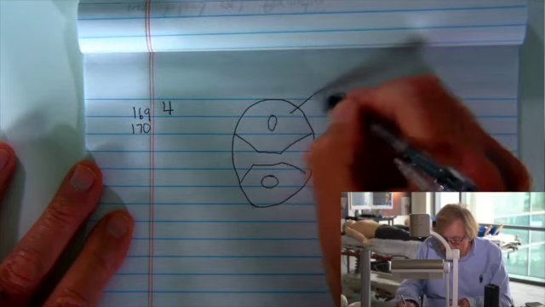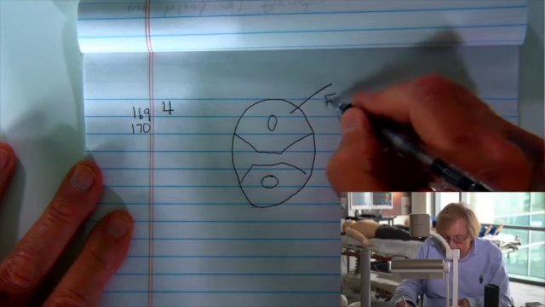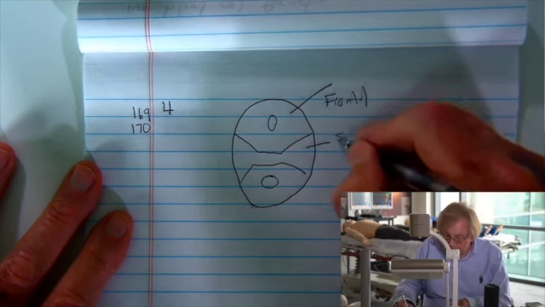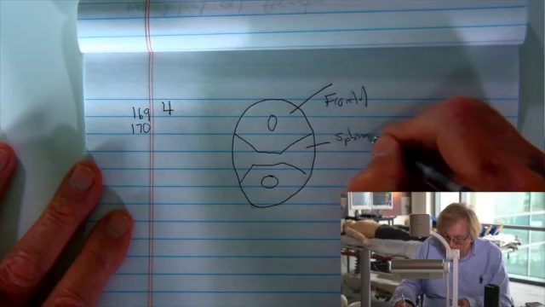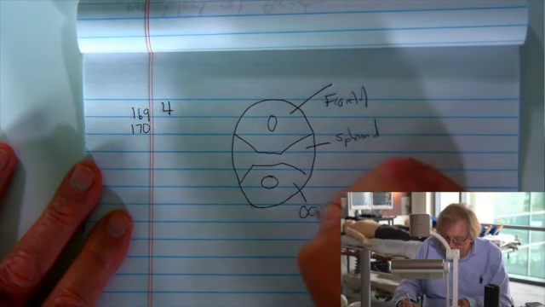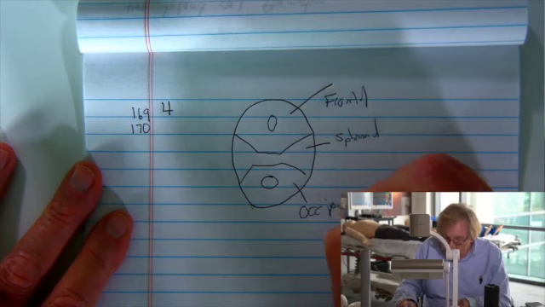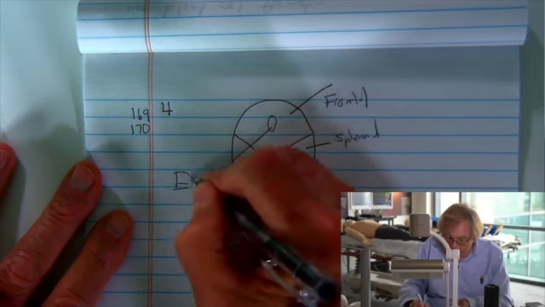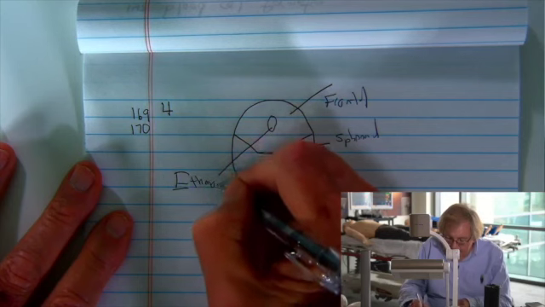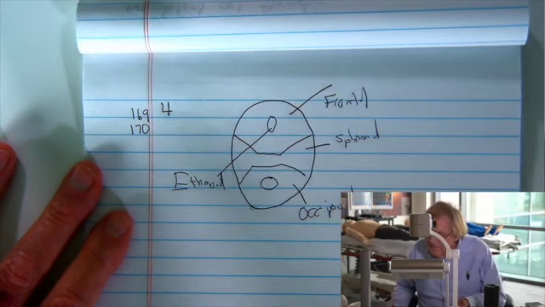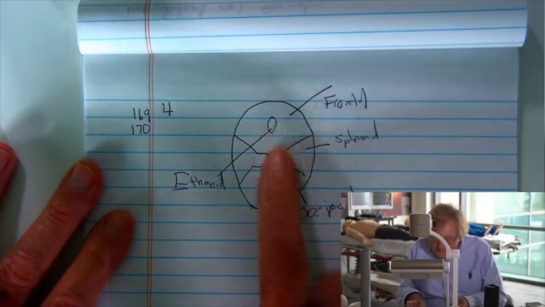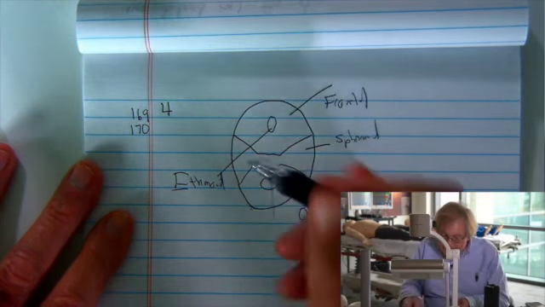So this is frontal, this is sphenoid, this is occipital, and this is going to be ethmoid. So that's how you break questions down. So when it said what bone is posterior to the ethmoid, the answer is the sphenoid.